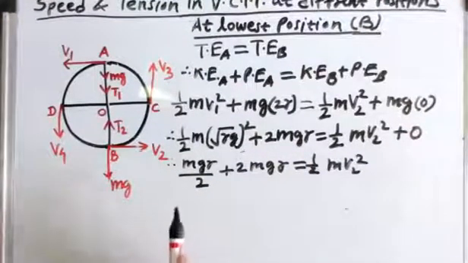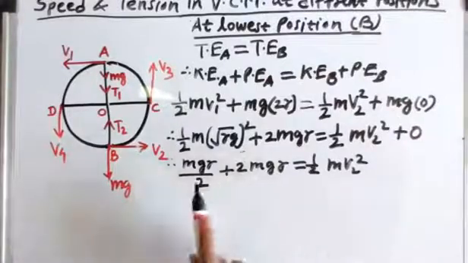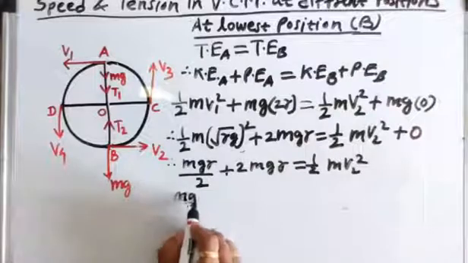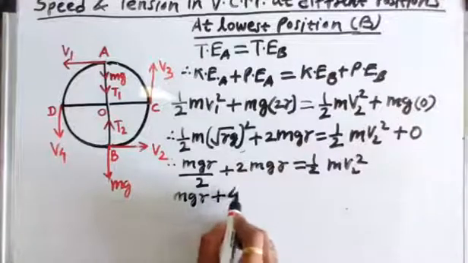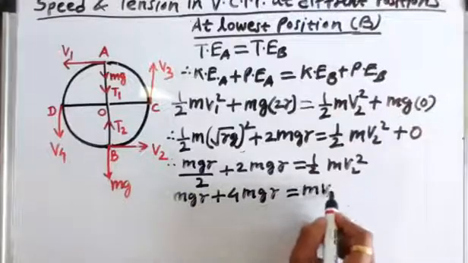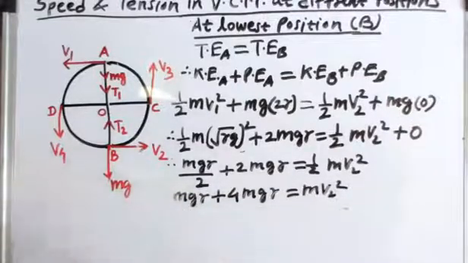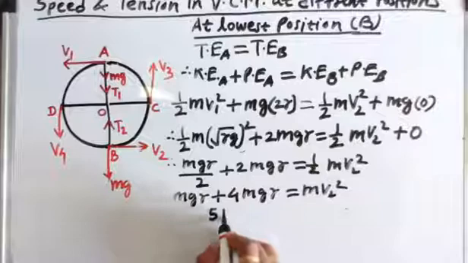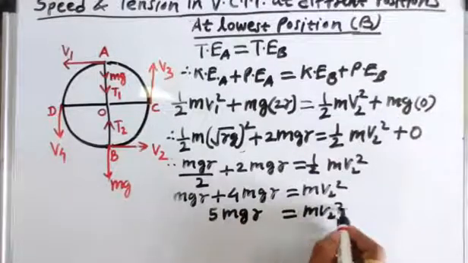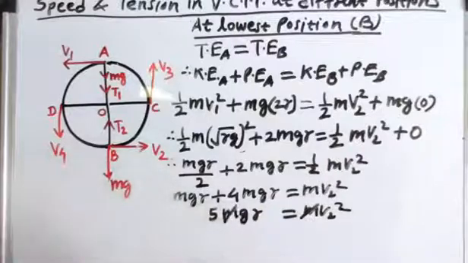Now we multiply by 2 on both sides of this equation. Therefore we get mgr plus 4mgr equals m V2 square. 4mgr plus mgr gives 5mgr equals m V2 square. This m will cancel with this m.